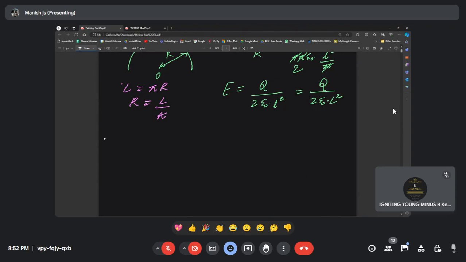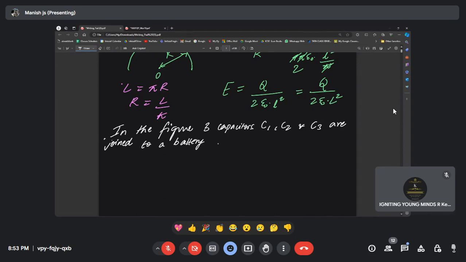Okay, here comes the next question. So you write it down. In the figure, three capacitors C1, C2, and C3 are joined to a battery.